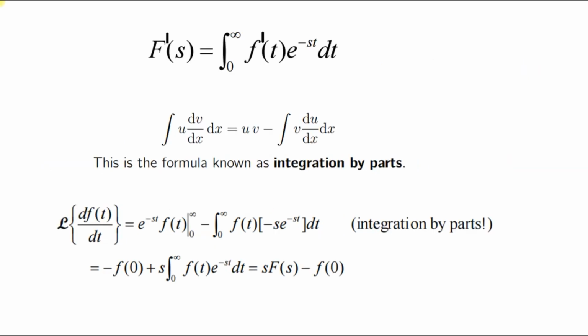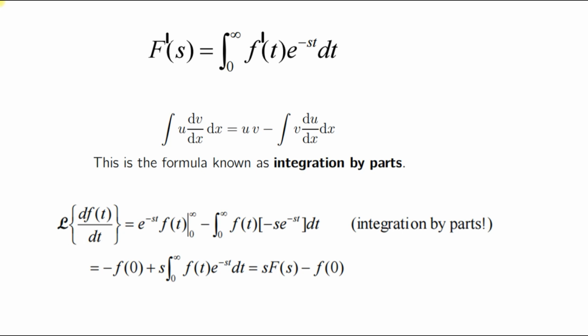Similarly, the second one is f dash of s, which is equal to the integral from 0 to infinity of f dash of t into e power minus st dt. Here f dash of t is nothing but some differential function. If the function looks like this, then use this formula: integral of u into dv by dx into dx.